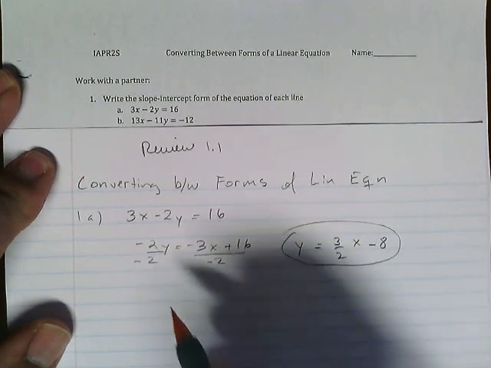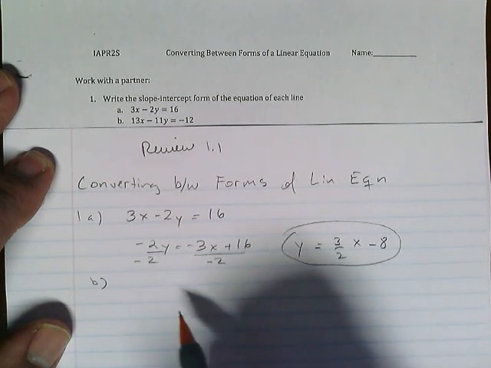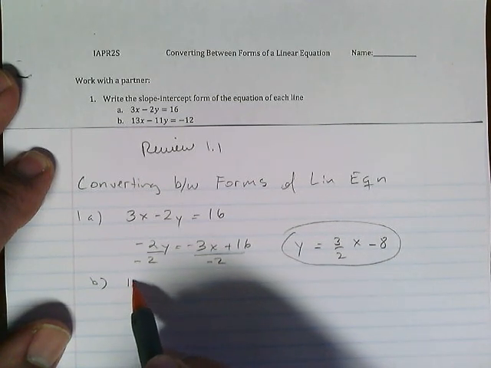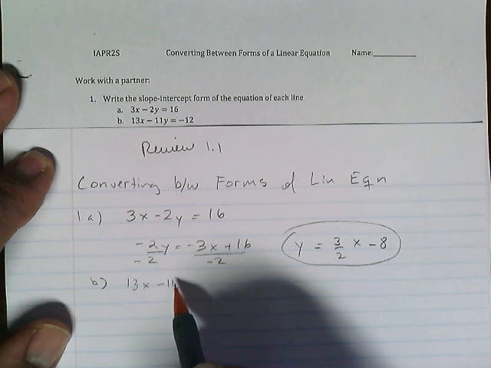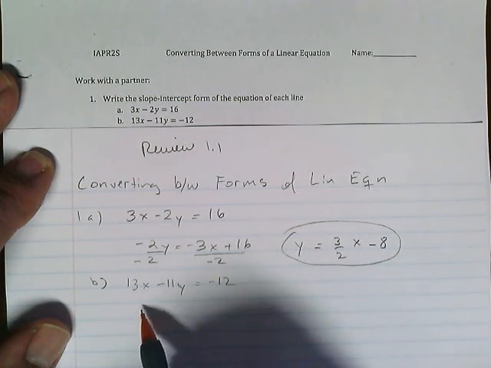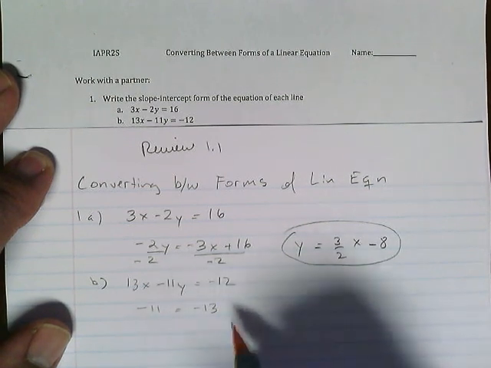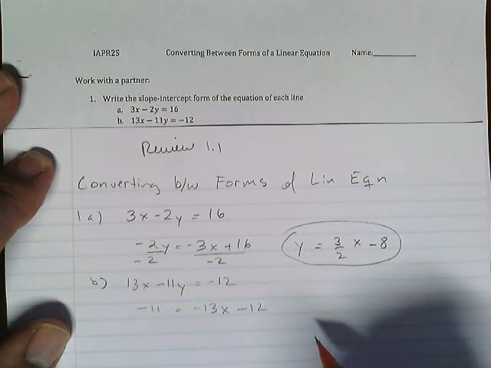Next question, B. And that one is also standard form, but we don't care. We want to rewrite it. So we have 13x minus 11y is equal to negative 12. And so negative 11y is equal to negative 13x, because I'm bringing the 13x over, and the 12 is already negative.